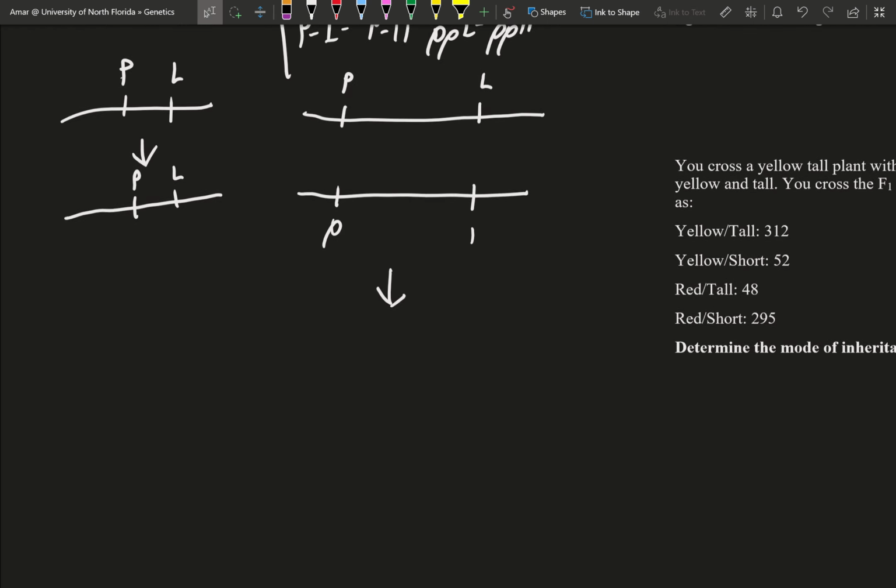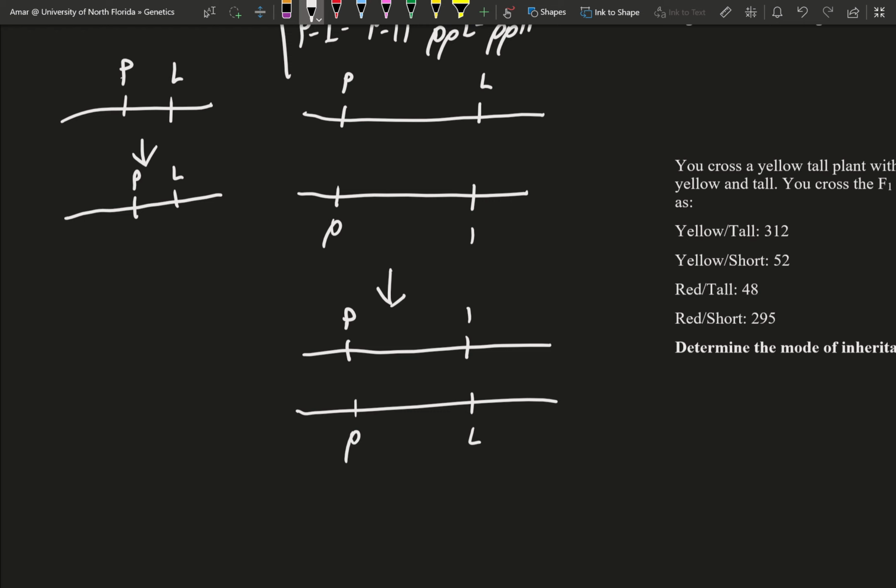Because of this, your gametes are more likely to be equal in proportion.